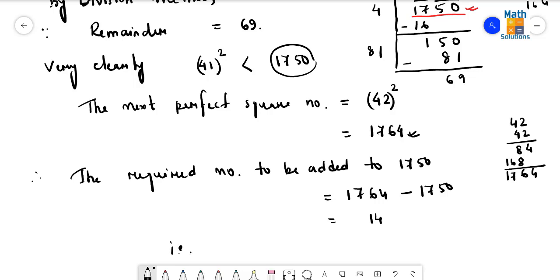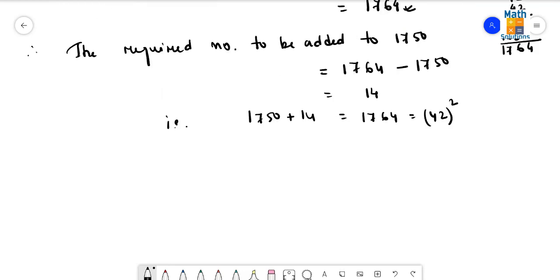That is, 1750 plus 14 is equal to 1764, which is the next square number, 42 square. Therefore, the square root of the next perfect square 1764 is of course 42. So this is how we have to find out the answer.